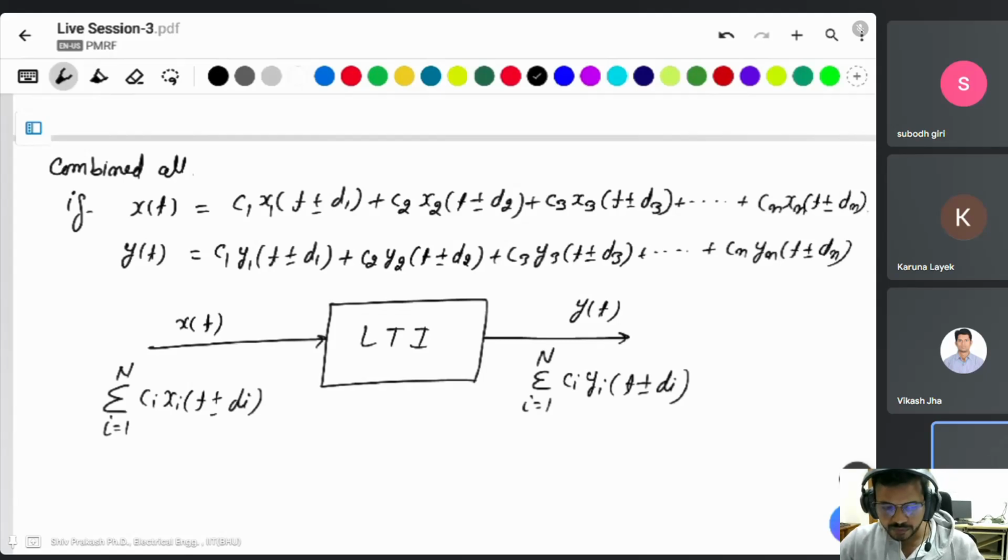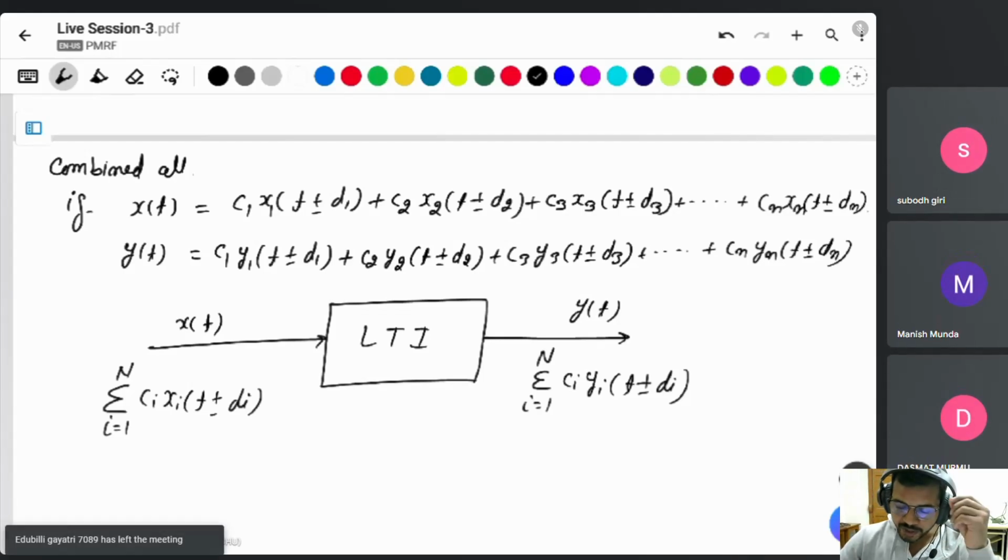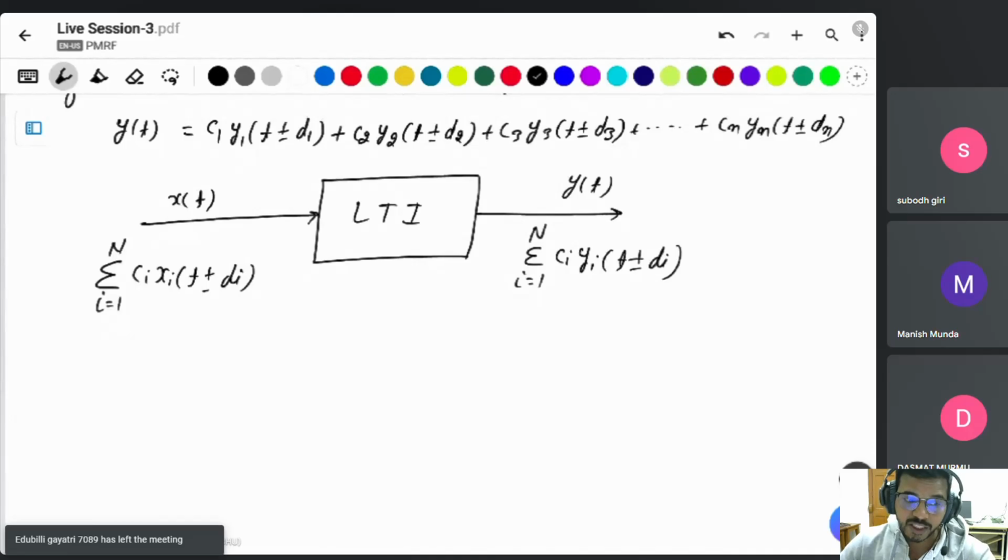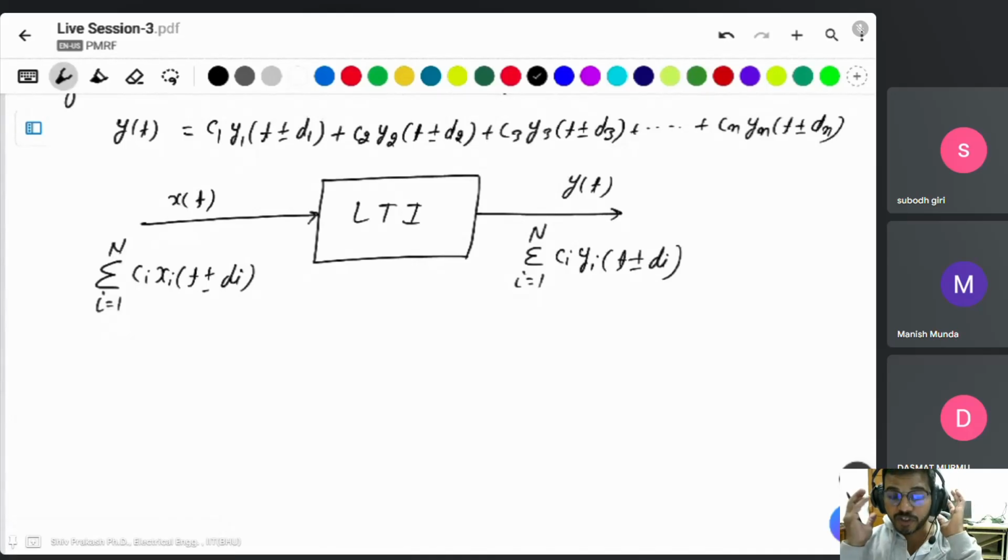Okay. Then what happens if you give some input to the LTI system? Then there are two responses.